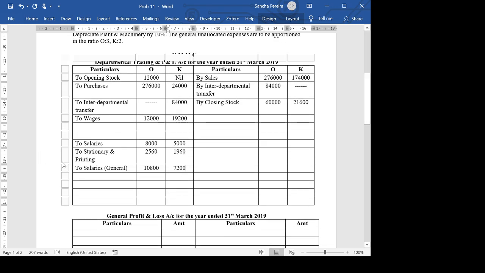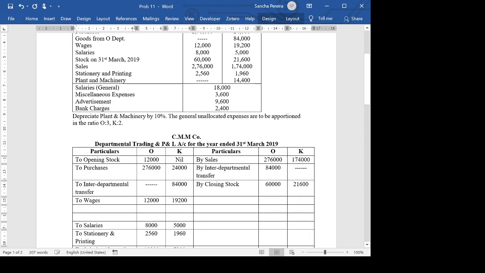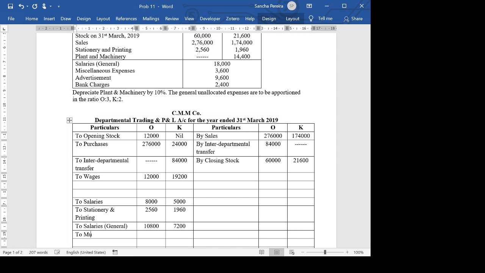Then we have miscellaneous expenses, to miscellaneous expenses, which is 3,600 divided in the ratio of 3 is to 2: 2,160 and 1,440.